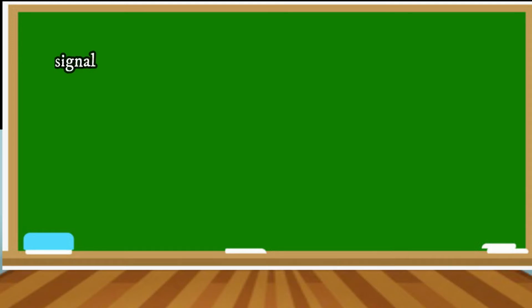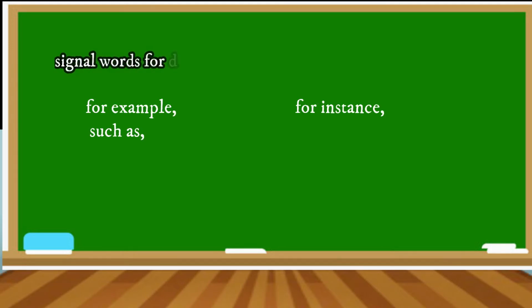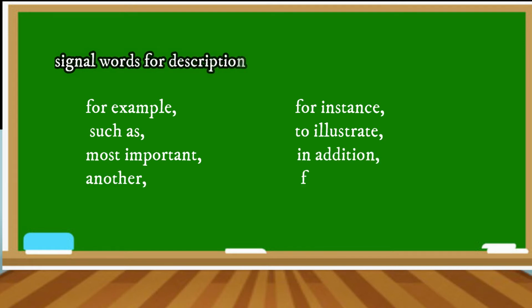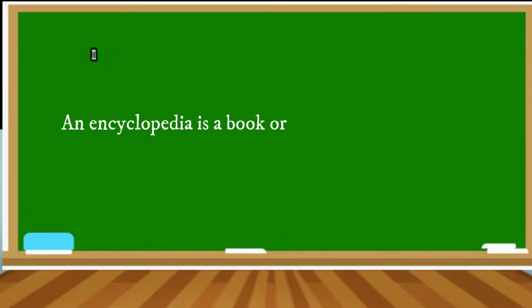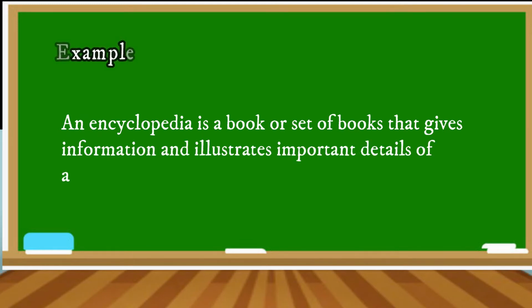We have: for example, for instance, such as, to illustrate, most important, in addition, another, furthermore, first, second, also, to begin with. Example: an encyclopedia is a book or set of books that gives information and illustrates important details of a specific topic.